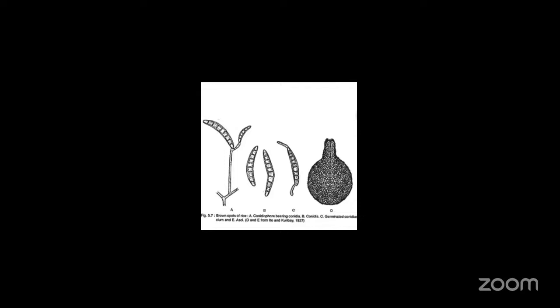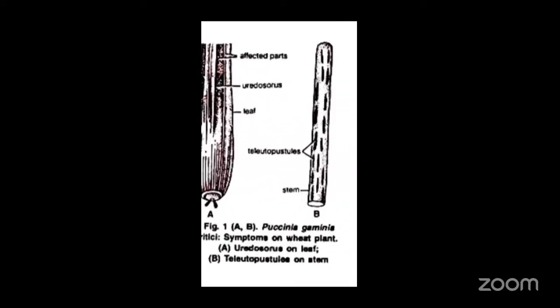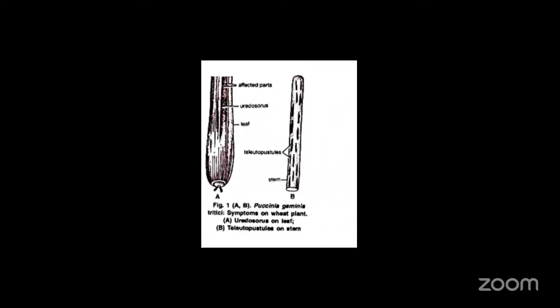So here, black or stem rust on wheat. I will show the diagram also. Wait just a few minutes, you have to wait. This is the rust on the wheat, black or stem rust on wheat.